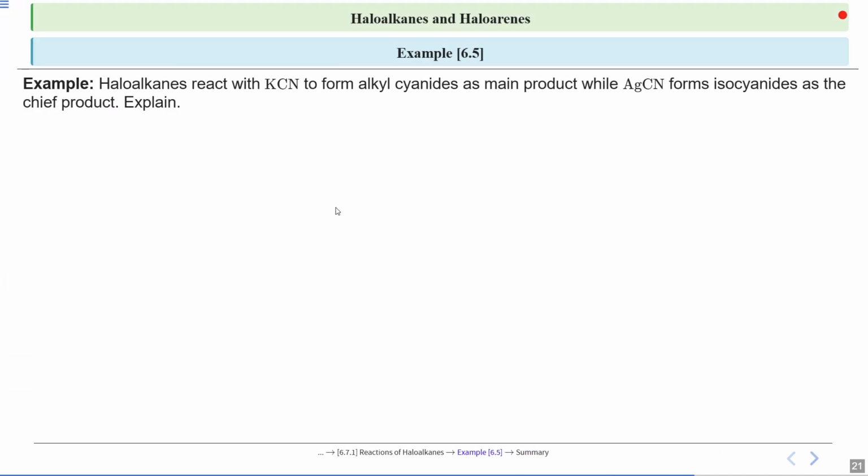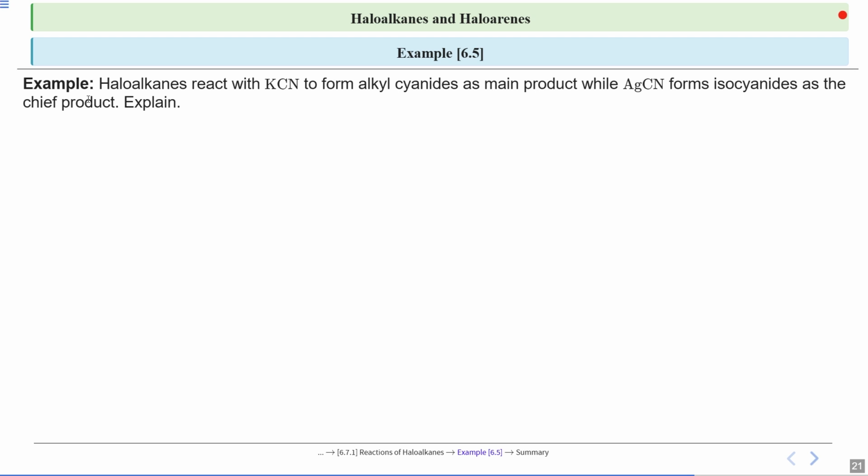Okay, let's solve an example. Example 6.5. Haloalkanes react with potassium cyanide to form alkyl cyanides as the main product, while silver cyanide forms isocyanides as the chief product. Explain.